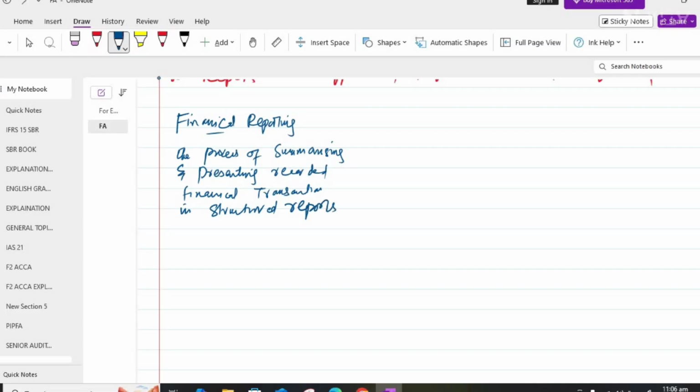Clear? And that will be your income statement, your balance sheet, cash flow. Okay, and these statements will show the performance and the position of the business.